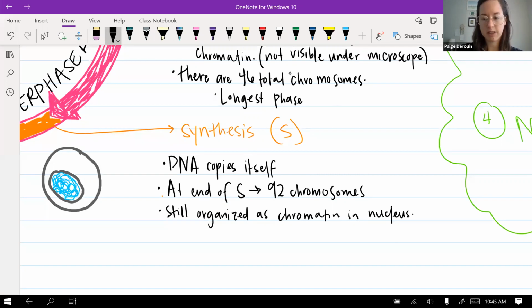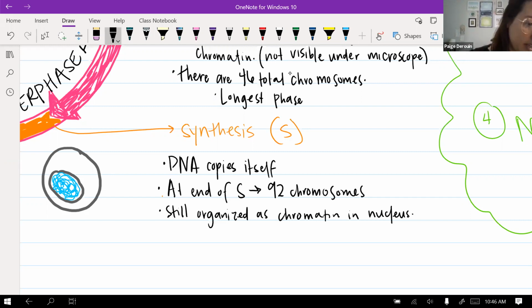Before Christmas, when you guys made those DNA models, you did S phase, but you did it for only 6 base pairs. Your cells do it for billions of base pairs really fast, which is amazing. Think about how long it took you to just do 6. And your cells are doing it right now without any problems, which is great.